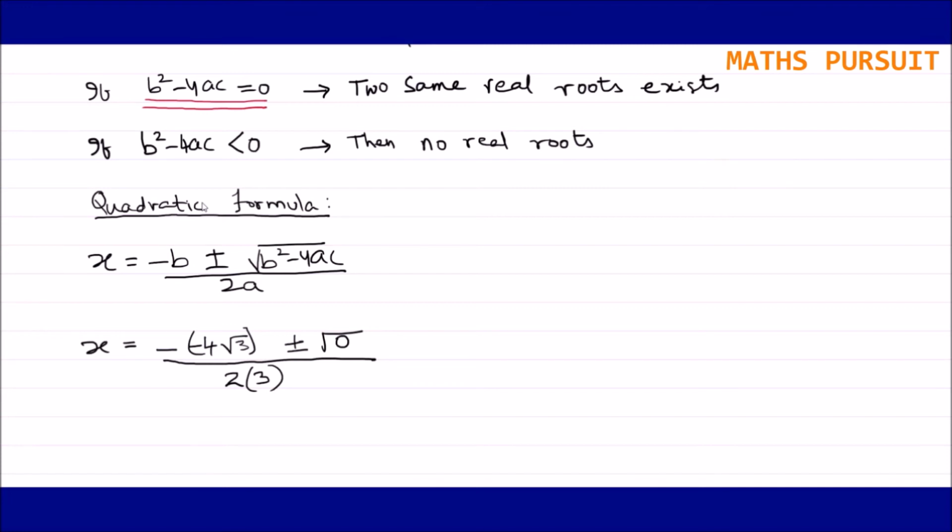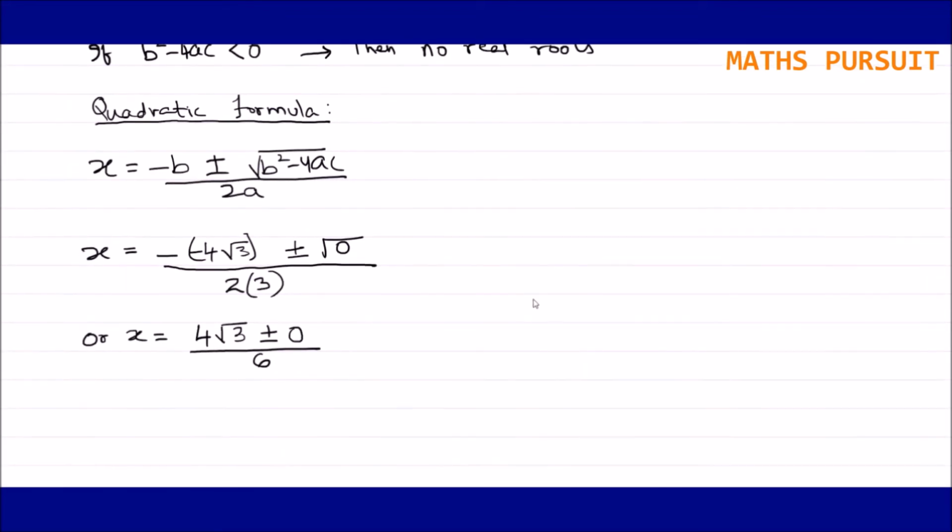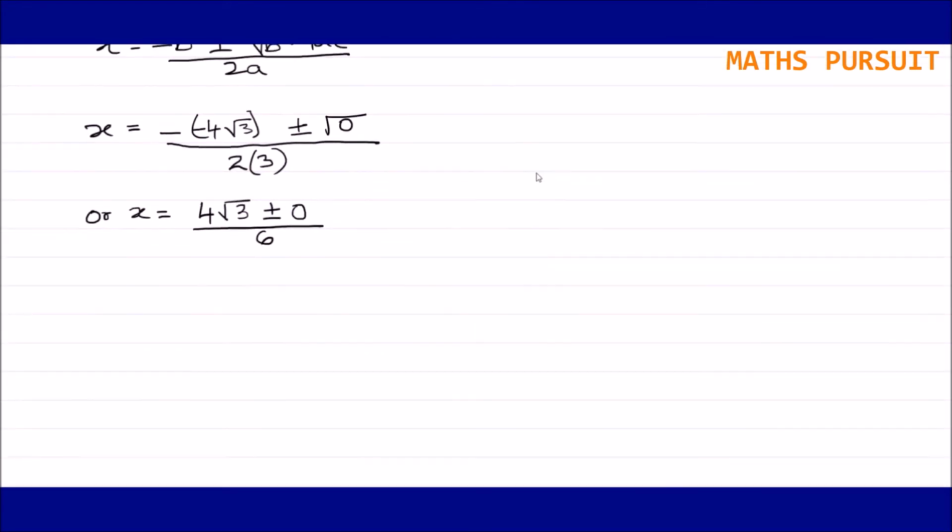Now further solving this, I can write x is equal to minus, it becomes plus, we got 4 root 3 plus or minus 0. Root over of 0 is nothing but 0, upon 6. So guys, we got an equation x is equal to 4 root 3 plus or minus 0 upon 6.